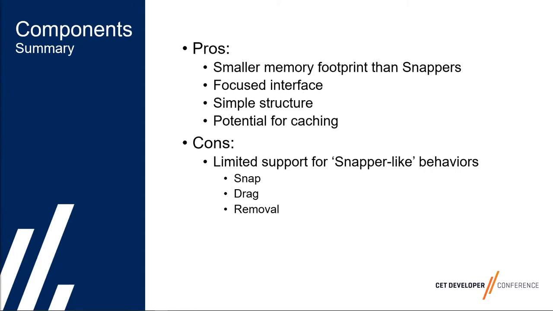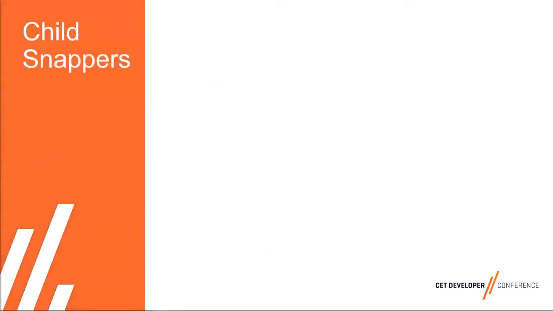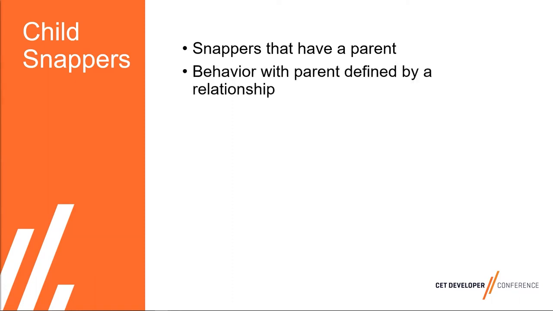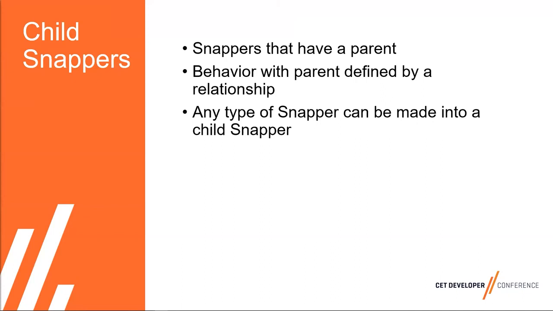So if you want more flexibility, then we have the newly introduced child snappers. Child snappers are just snappers that have a parent. You can take any snapper, and then using a relationship, you can define a parent-child relationship between the snappers. And because it's just a snapper, any type of snapper can be made into a child snapper. The benefit of this is you can just reuse whatever snappers you have.